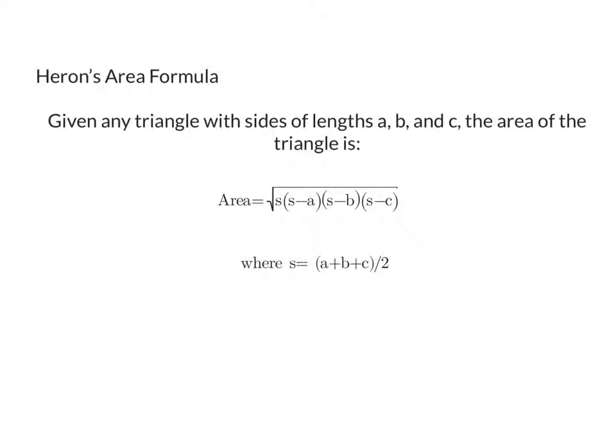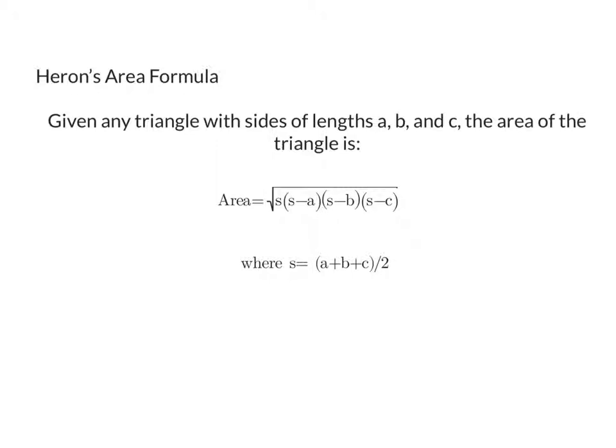We would use Heron's area formula versus the other area formulas if you're given all the side lengths. If you're not given all the side lengths, you need to use the other area formula, the 1/2 AC sine B type situation, because that formula can be used if you have two sides and one angle. This one, all you were given is sides.